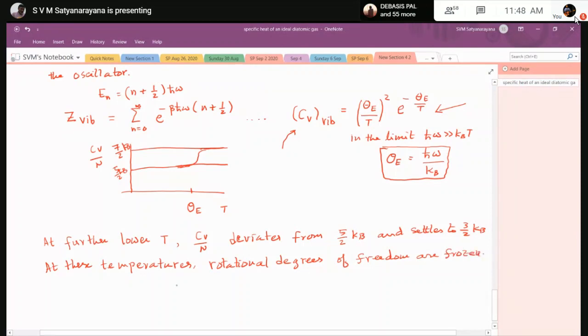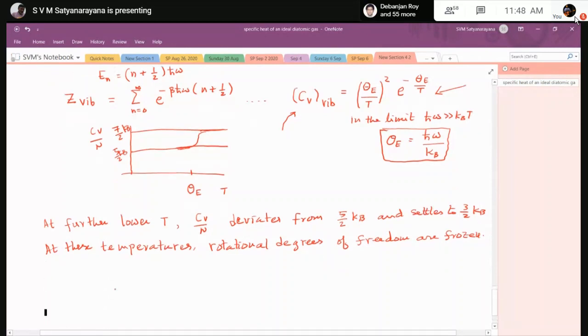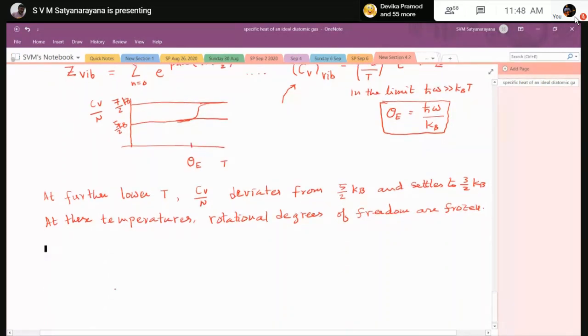Rotational degrees of freedom are frozen. That means thermal energy is not enough to excite the system from the rotational ground state. That means we require to use angular momentum, that is, rotational energies, so the discrete energies for the rotation.